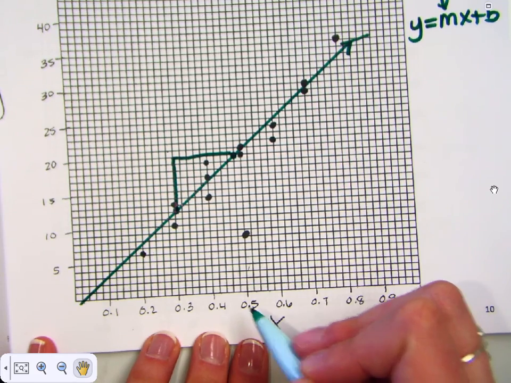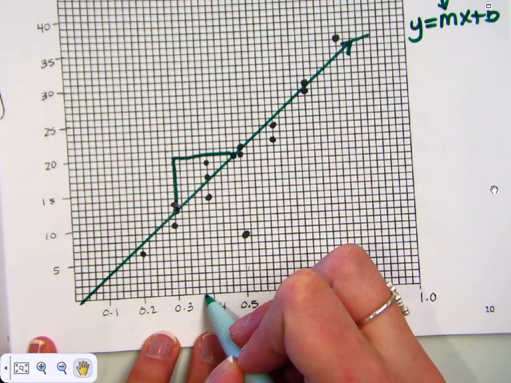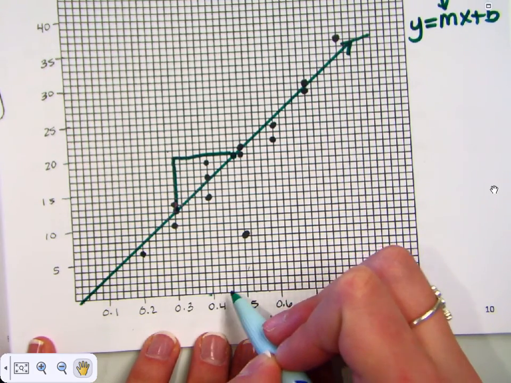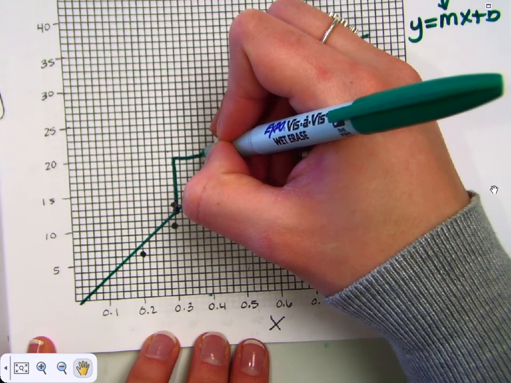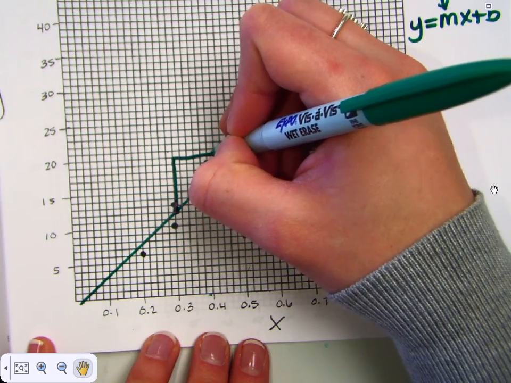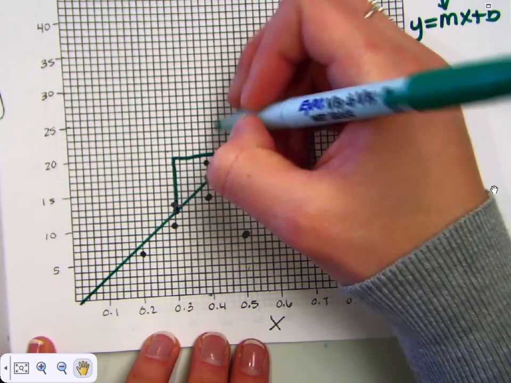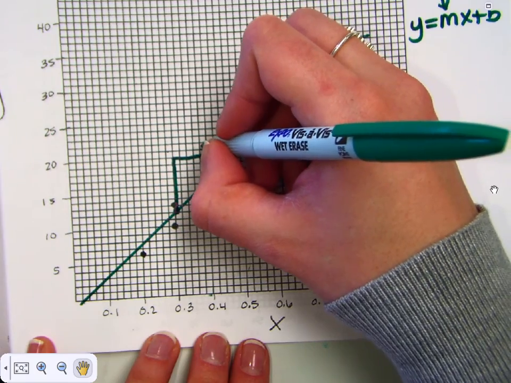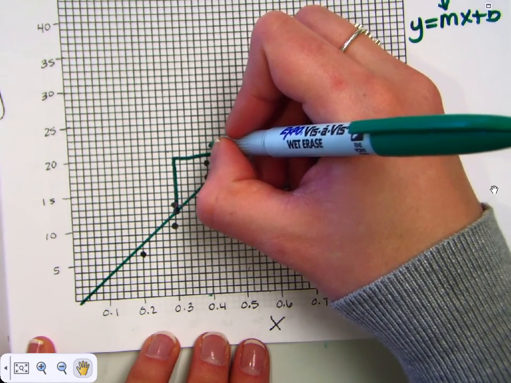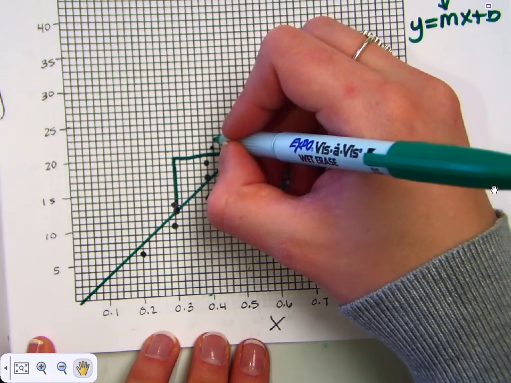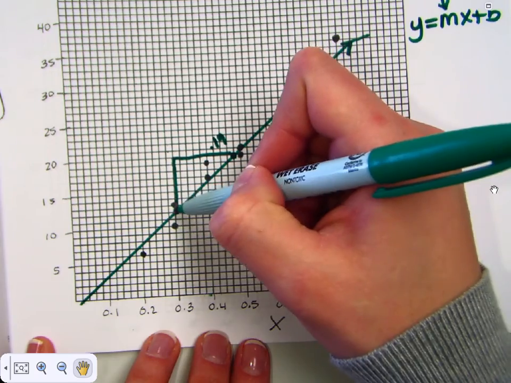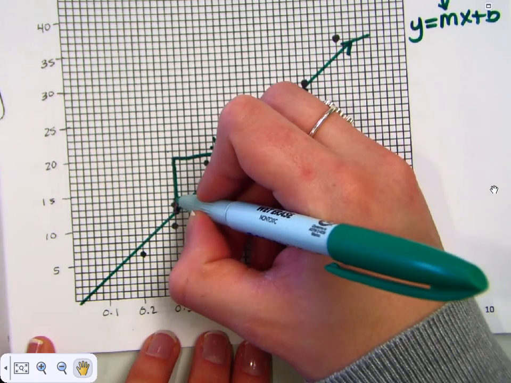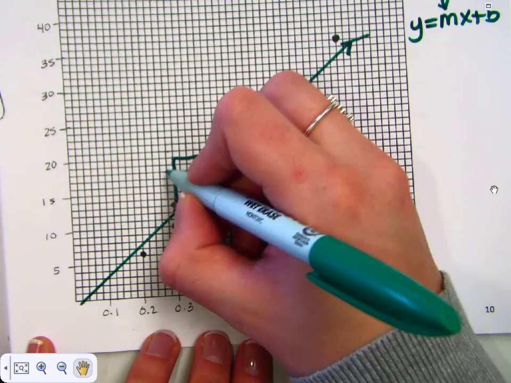If you notice, 5 spaces is 0.1, so my run is about 0.19. And my rise is going up 1, 2, 3, 4, 5, 6, 7, 8, so it's going up 8.